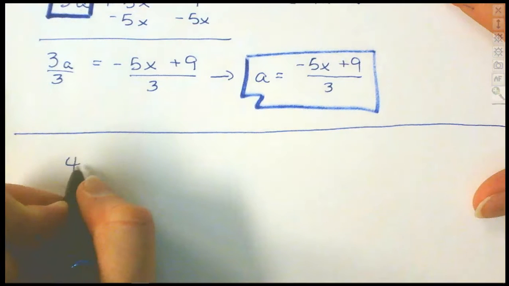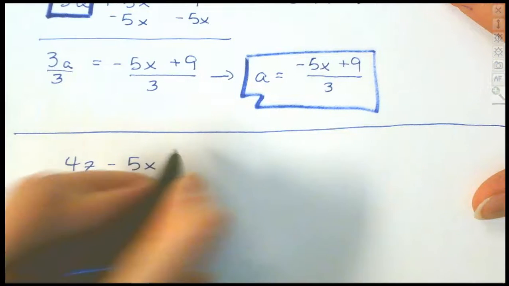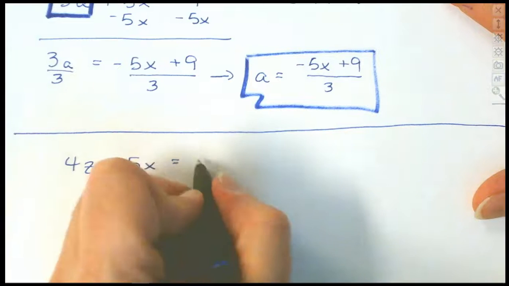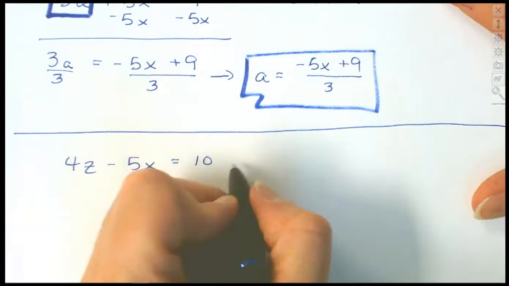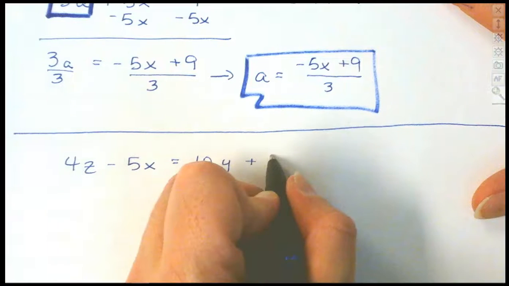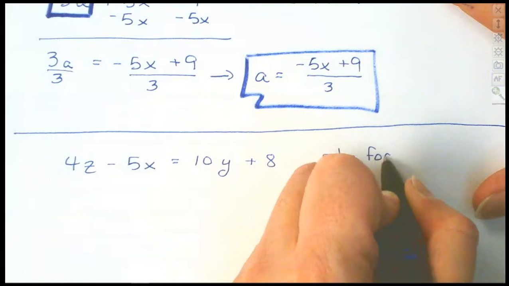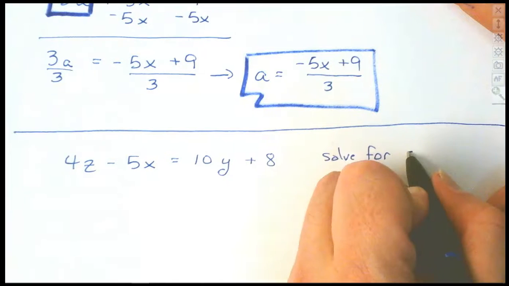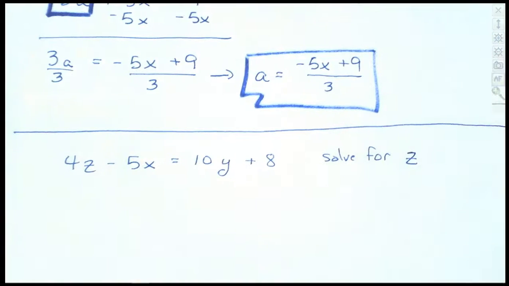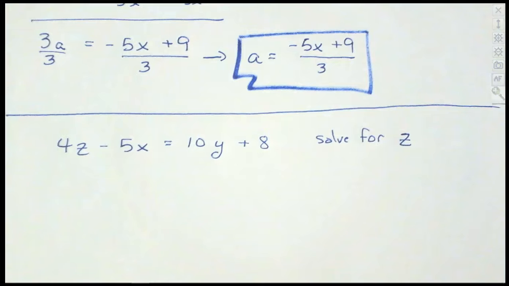How about 4z minus 5x equals 10y plus 8. And let's solve now for z. So again, what's our ultimate goal?